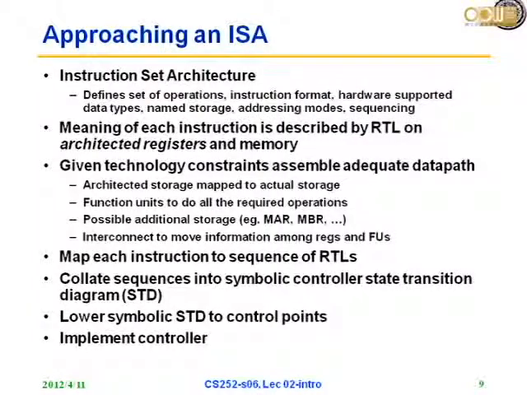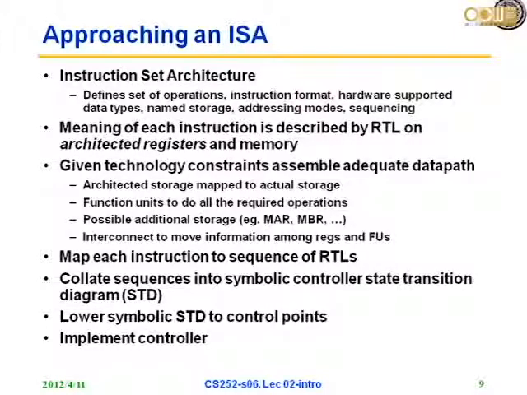Okay, approaching an ISA. The instruction set architecture defines a set of operations, instruction format, hardware supported data types, named storage, addressing modes, and sequencing. Like if an instruction says nothing, then the sequencing will be current instruction address plus 1. Like named storage R0, R1, R2, R3.